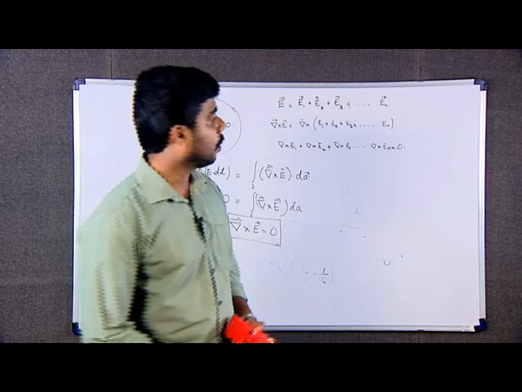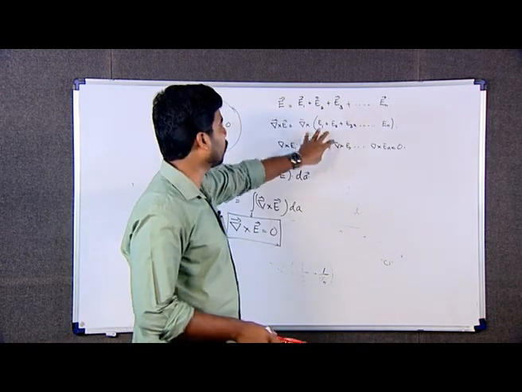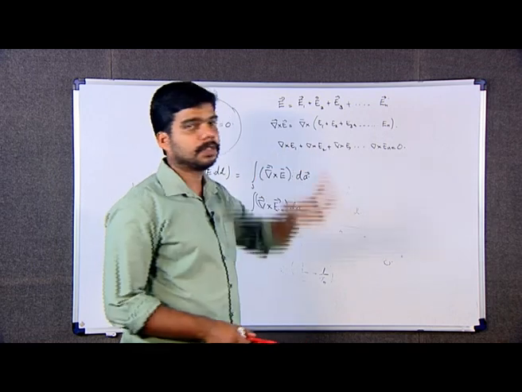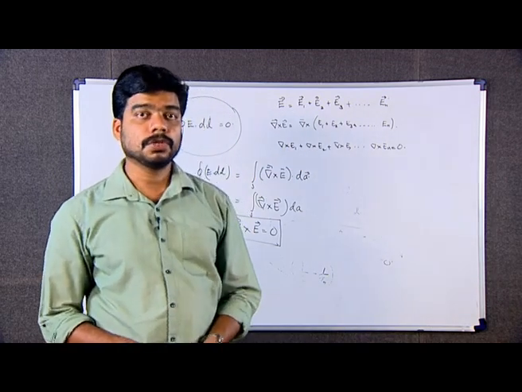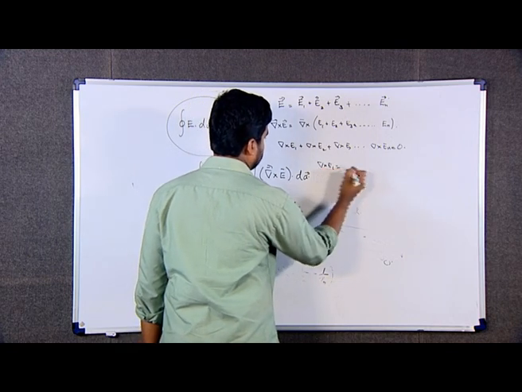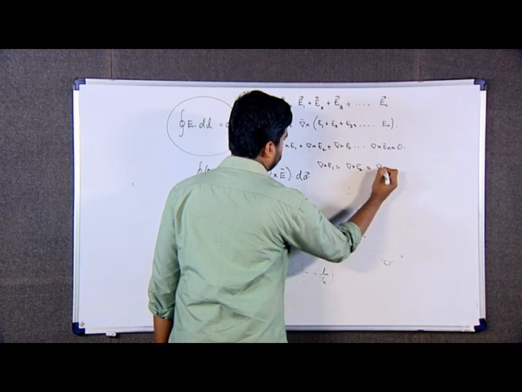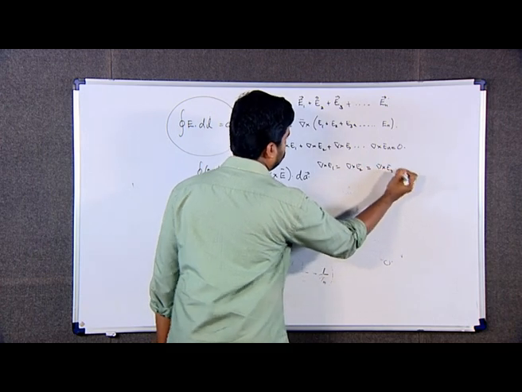That means whatever may be the electric field produced by individual charges, its curl must also be equal to 0. That means del cross E1 must be equal to 0 and del cross E2 must be equal to 0 and del cross E3 must be equal to 0.